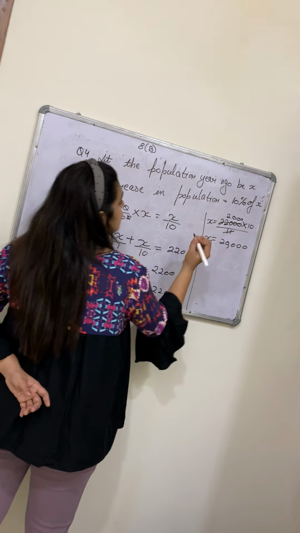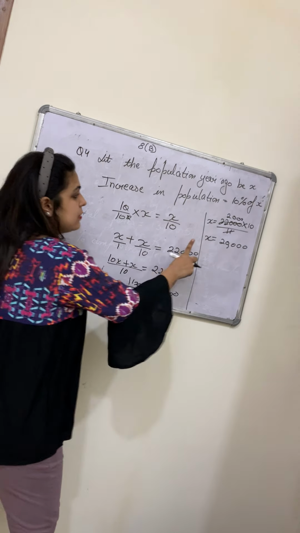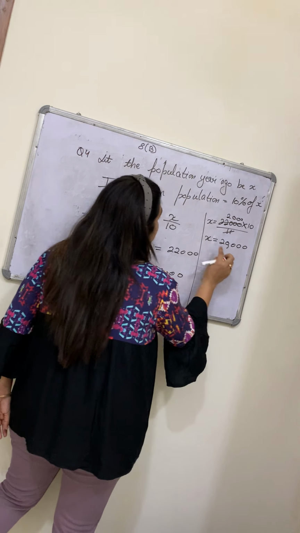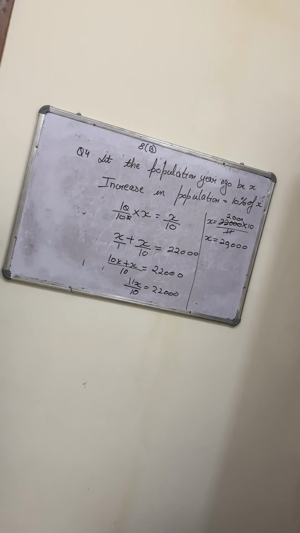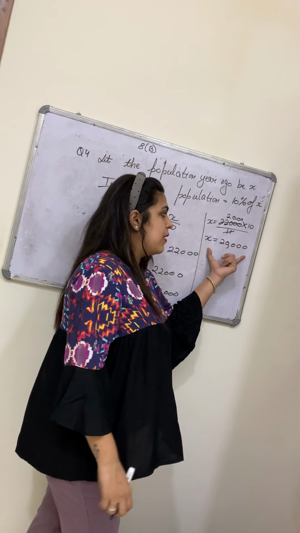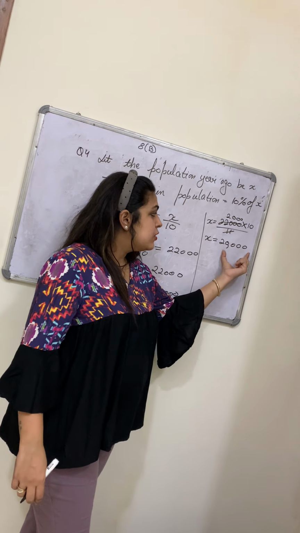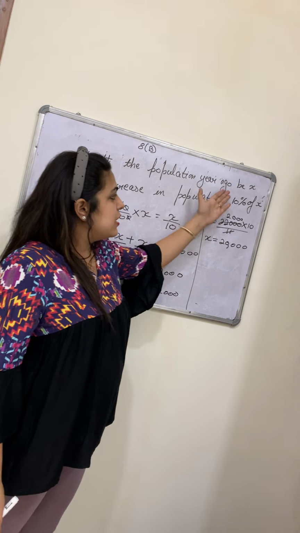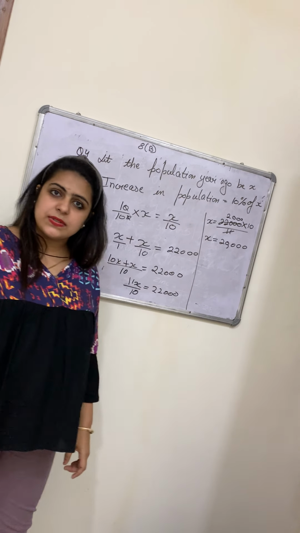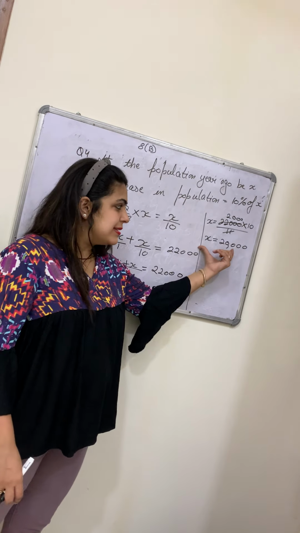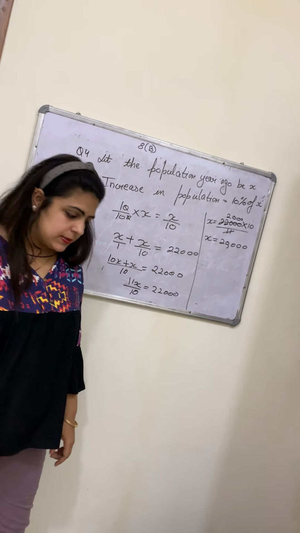So the original population a year ago was 20,000. X is 20,000. So the population a year ago was 20,000. Okay, you got your answer, that is 20,000.